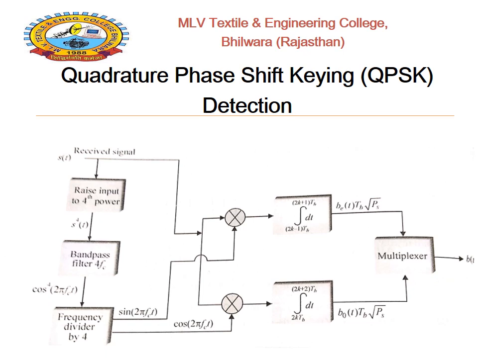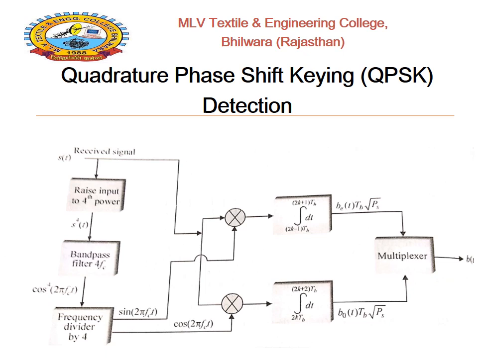The frequency divider generates 2 frequency components, sin 2 pi fc t and cos 2 pi fc t, and both components are given to the 2 multipliers as given in the diagram. So for the received signal, there are 2 basic inputs of the multiplier. First input is the received signal, another input is the sin 2 pi fc t.